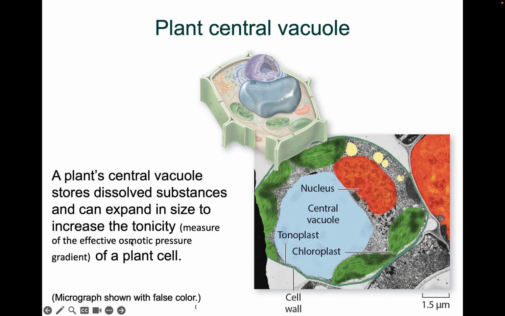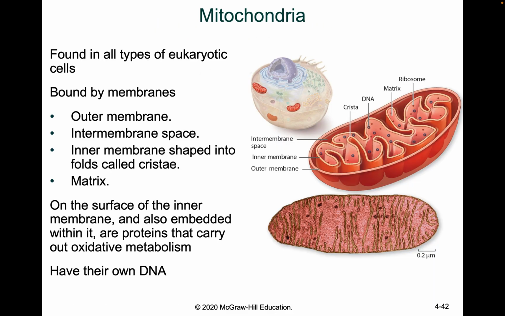Tonicity is the measure of the osmotic pressure gradient, so that's why it's called the tonoplast: it's able to control osmolarity. Osmolarity is the concentration of water and solids inside. Because of these tonoplasts they can get bigger and accept certain things. So that's what vacuoles mostly are.